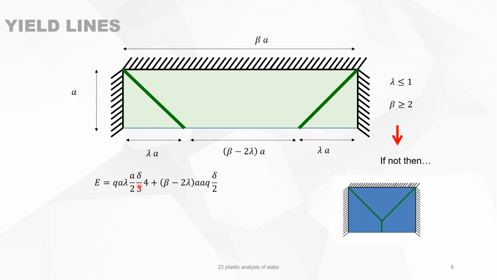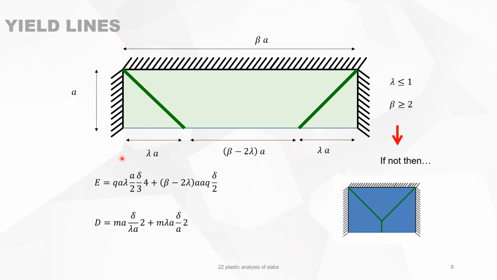And we have 1, 2, 3, 4 triangles. What is left is the rectangle. The total surface is beta minus 2 lambda times A, and times A in the other direction, and times delta divided by 2.